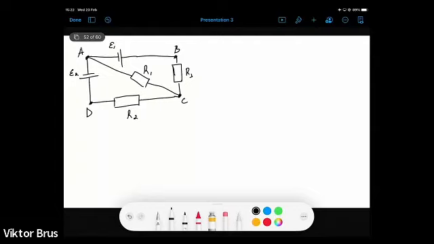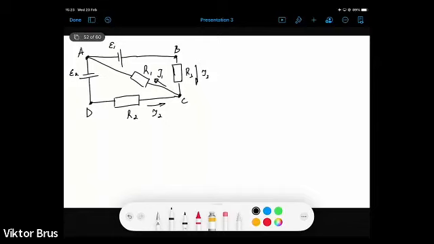Let's say we believe that current is flowing like this, and here will be I1, I2, and I3. So that we define as the direction of current. Later, if we were wrong, we will just get a minus sign, so we can always figure this out.